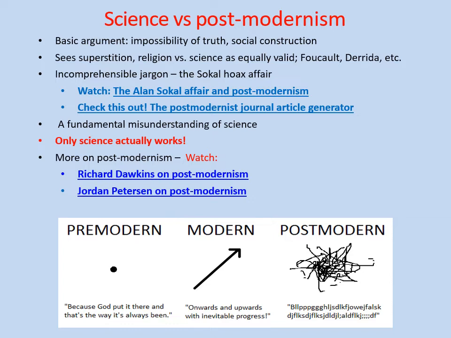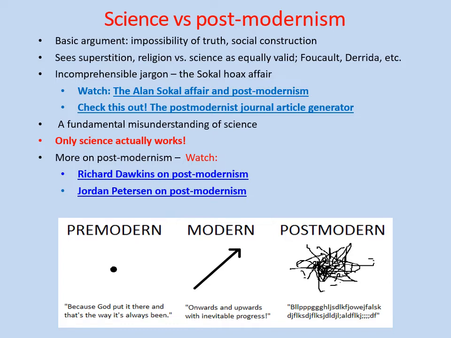It was put forward by some French thinkers like Foucault and Derrida, and it generated a literature which is practically incomprehensible. Alan Sokal, a physicist, published a paper in one of the postmodernist journals which was intentionally written to be complete nonsense. Nevertheless, that paper was happily accepted and published in this postmodernist journal.